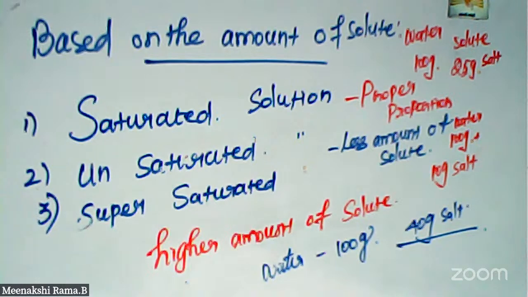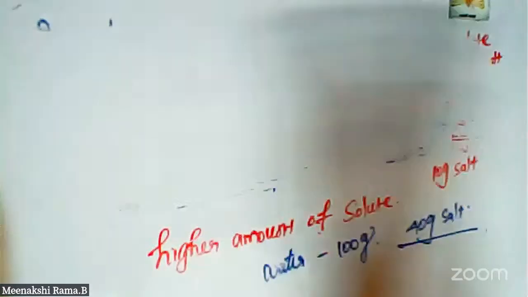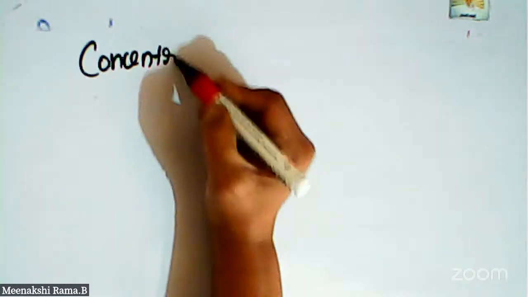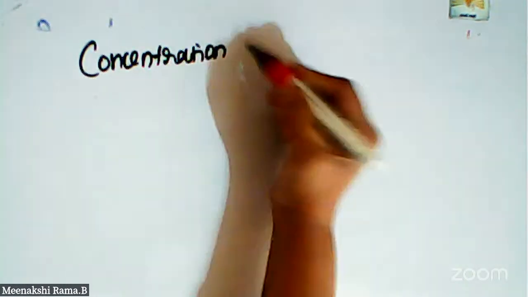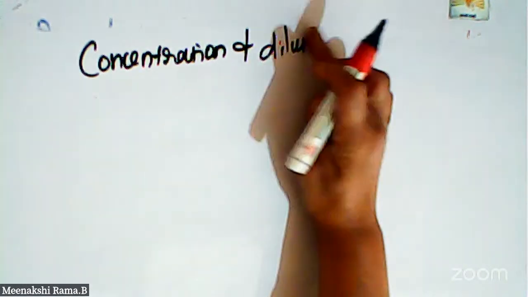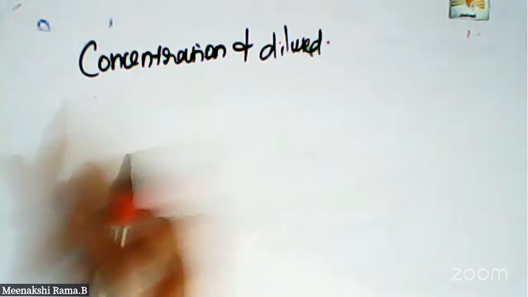We compare two solutions having the same solute, but the concentration level is different. So that is called the concentration. Already we understood the concept with the help of the simulation.